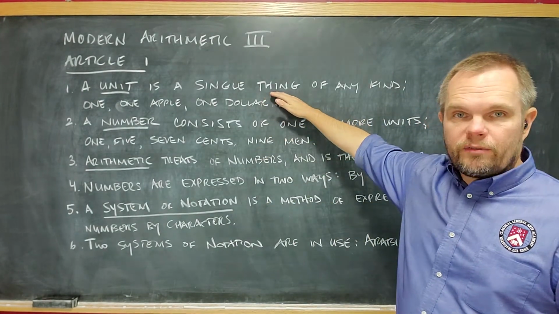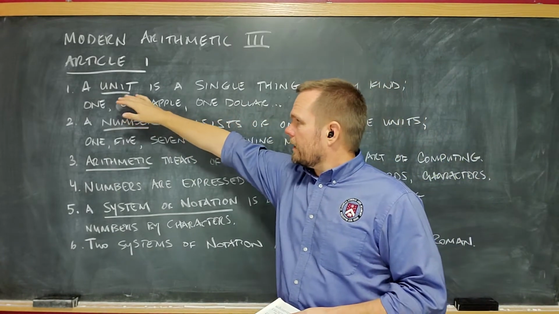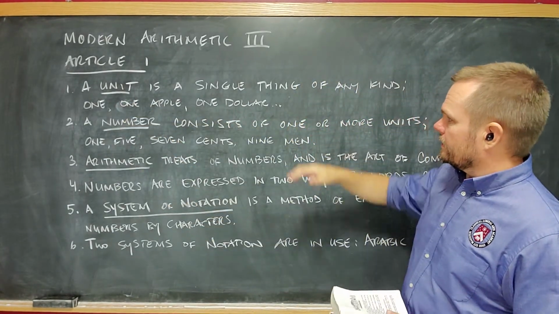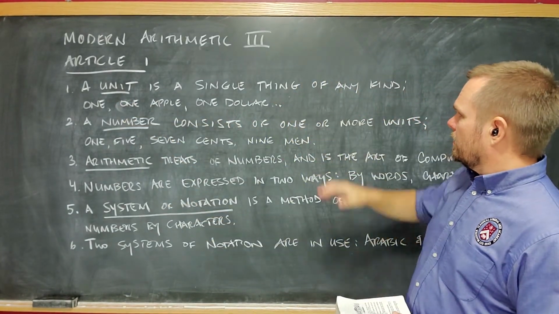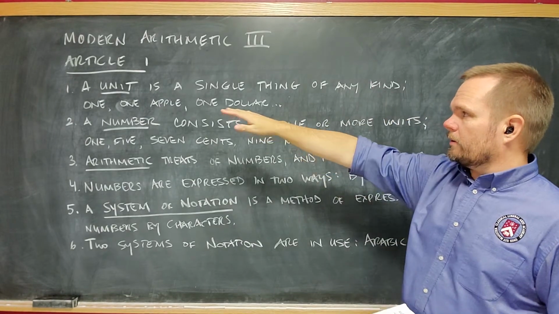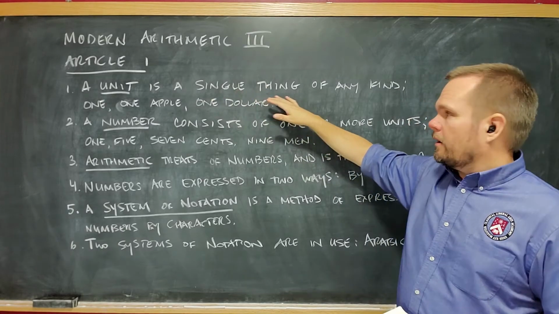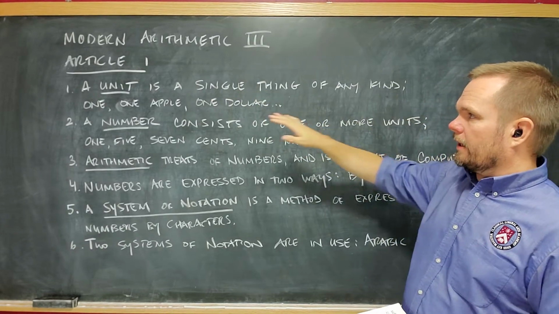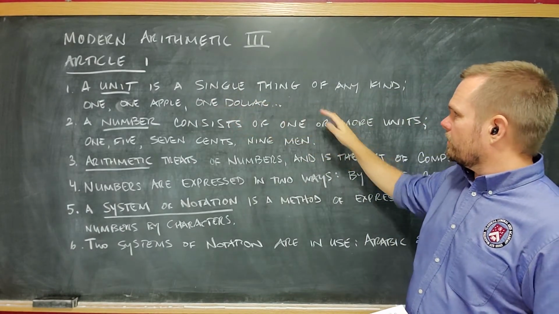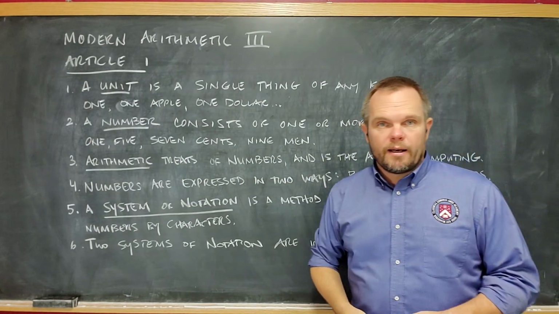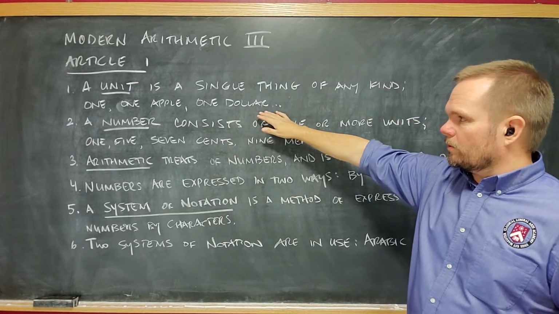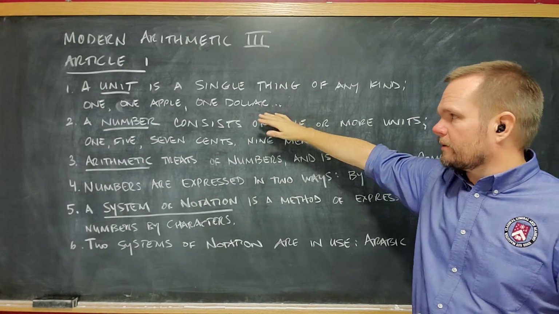So the first definition: a unit is a single thing, or one thing, of any kind. And we're given some examples in our lesson.